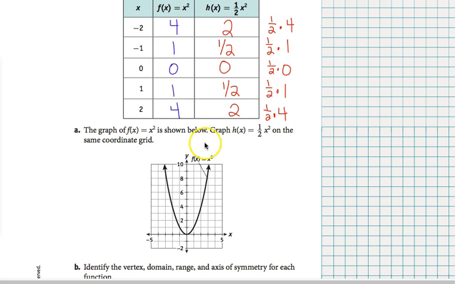So when x is -2, h of x is 2, so -2, 2 would be right here. -1, 1/2, so that would be here. 0, 0, and then 1, 1/2, and 2, 2. So again, make sure the bottom is rounded.